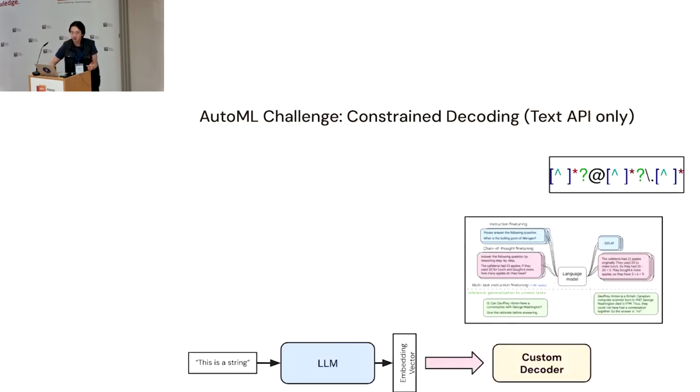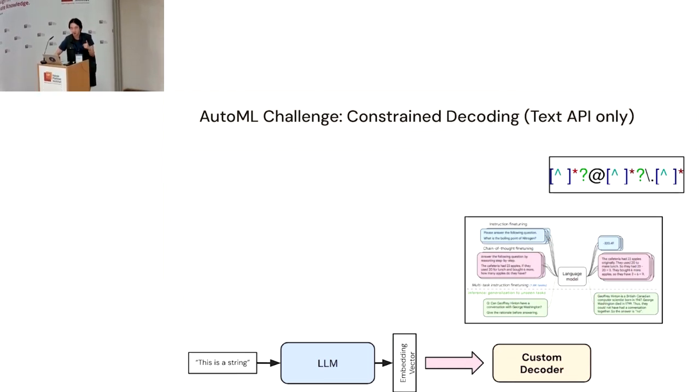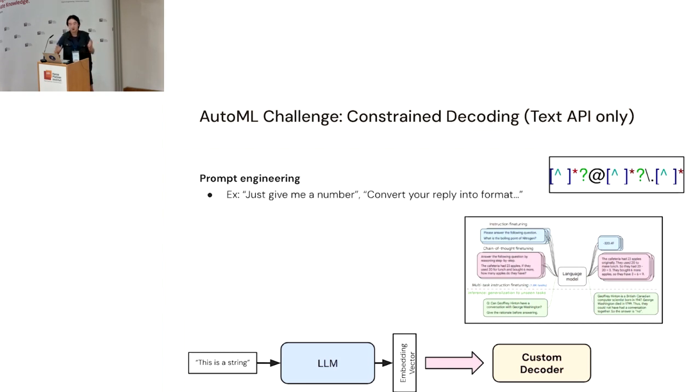But when you're interacting with things like PaLM and GPT, your only API is to interact with it through basically text, right? You can only send in text, generally speaking. So there are a few tricks the LLM community has made to make this work. The first one is prompt engineering, right? You can try to pray and tell it, please give me the number and please convert your reply into some format.